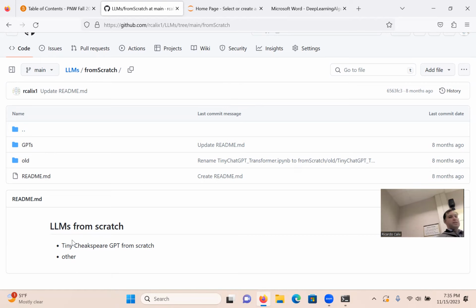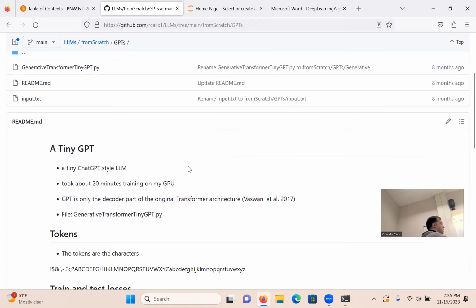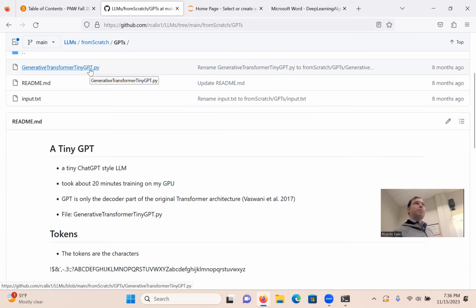It's a classic example for this. I have that one in GPT, so you can go in there. This is a GPT. This is something that can generate language. It's basically this Python script, generative transformer, tiny GPT.